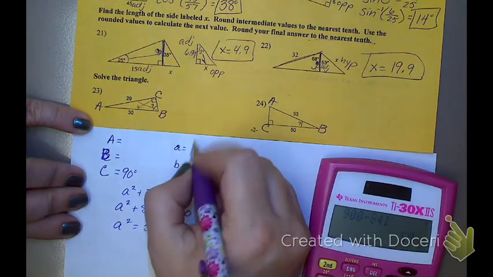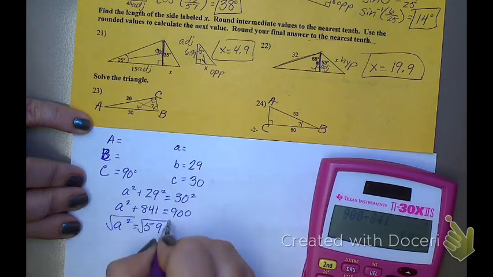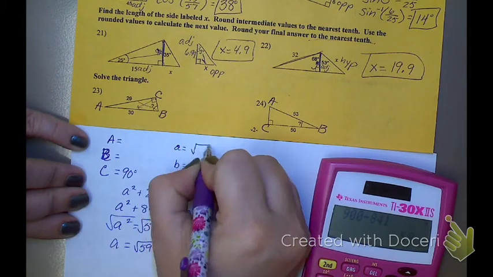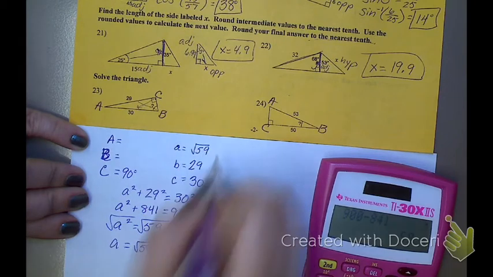That means that a would be equal to radical 59. So it's ugly, but it is what it is.